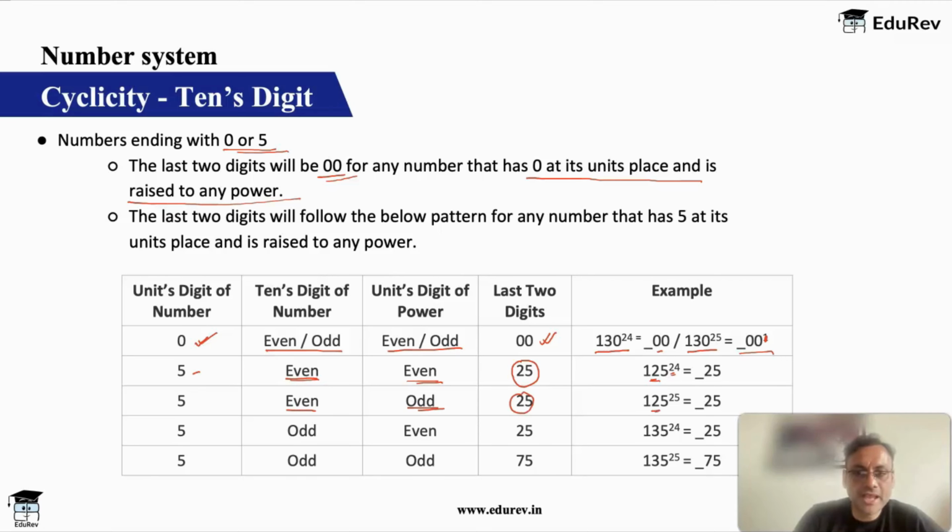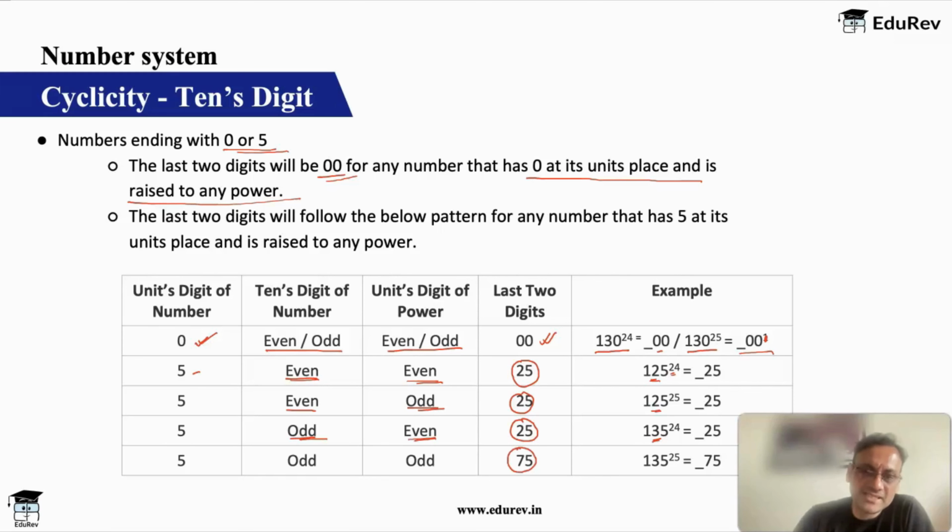So as long as the tens digit is even, power does not matter, you'll have 25 in the end. When the tens digit is odd and the power is even, then also the last two digits will be 25. Instead of 2, you can see we have 3 here, which is odd, but the power is even, still you'll get 25.